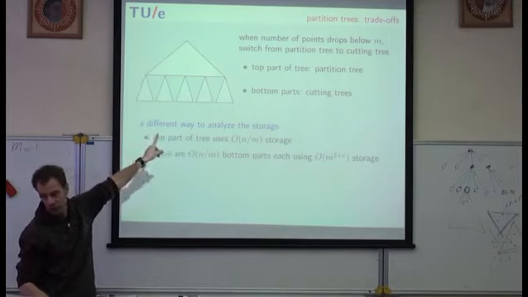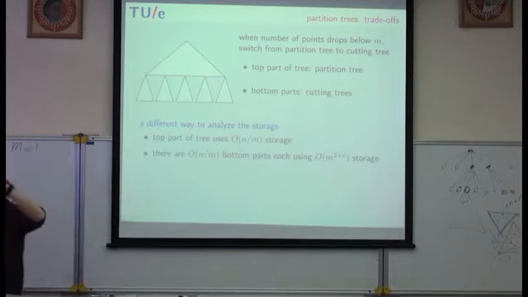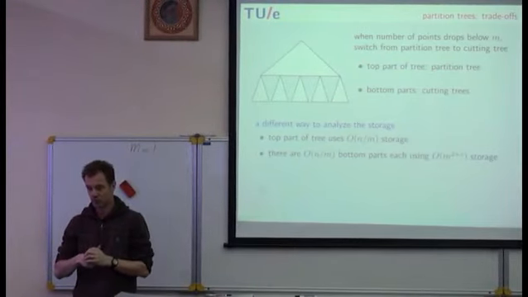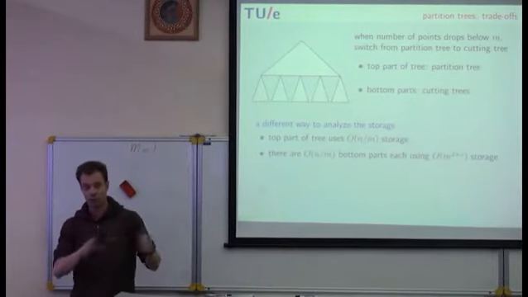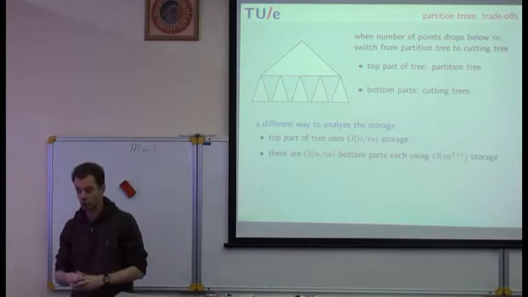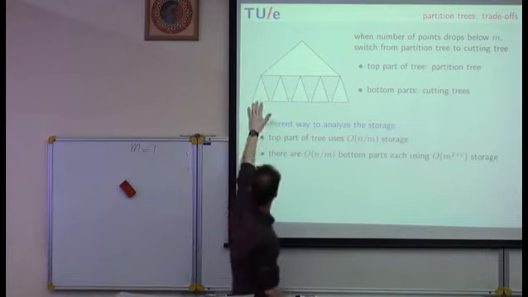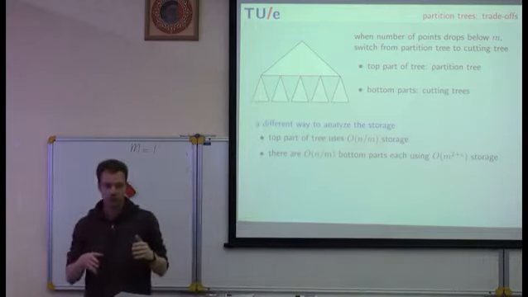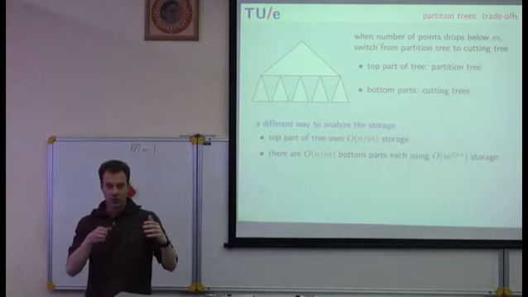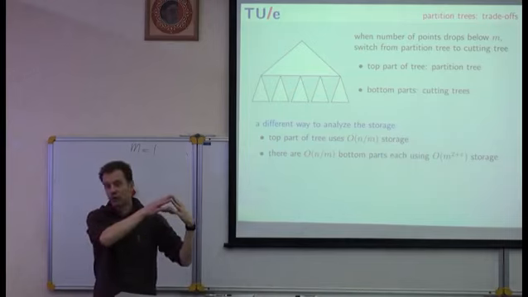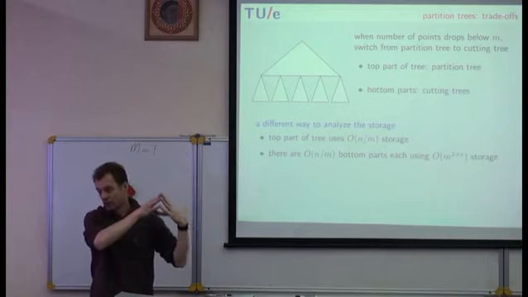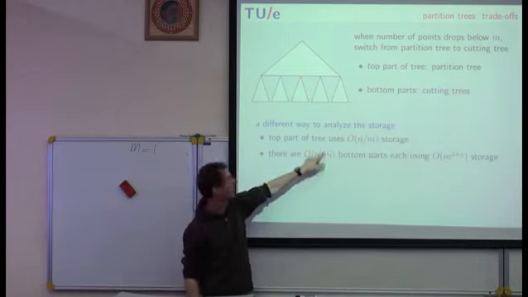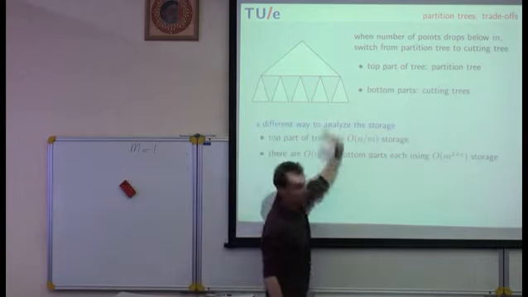If we just think about that picture, the top part is a partition tree. How much storage does a partition tree use? Linear. So the top part is linear, so we don't have to worry about the top part. For the bottom parts, how many of these bottom parts do I have? Well, each of them has m points, so I have n divided by m of these cutting trees here.